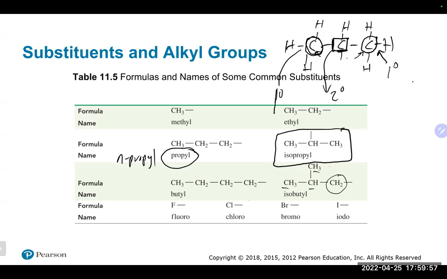You'll sometimes see things like sec-butyl, which means it's attaching on the secondary carbon, and tert-butyl, which means it's attaching on the tertiary carbon. So sometimes the alkyl group names sort of come from which carbon the attachment is happening at.